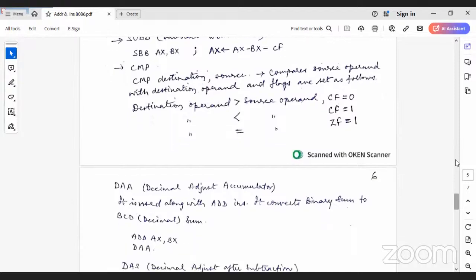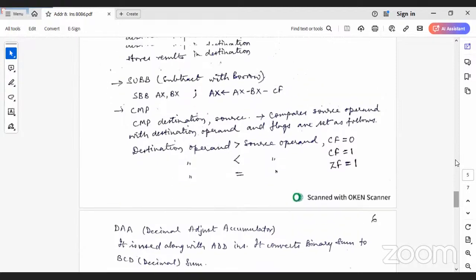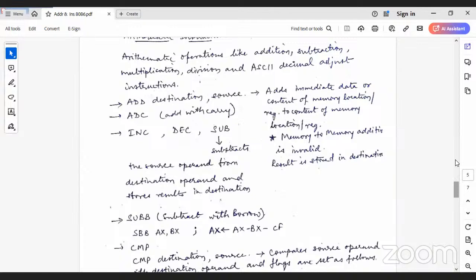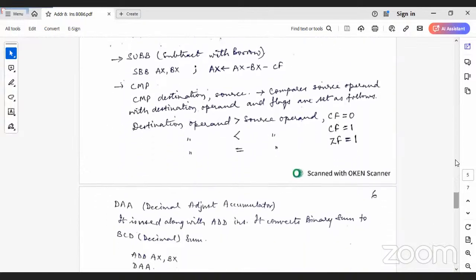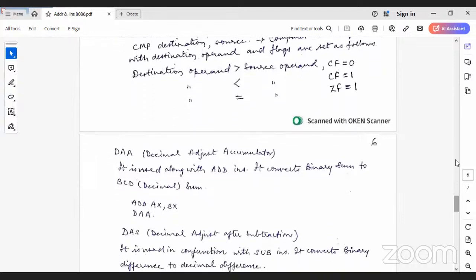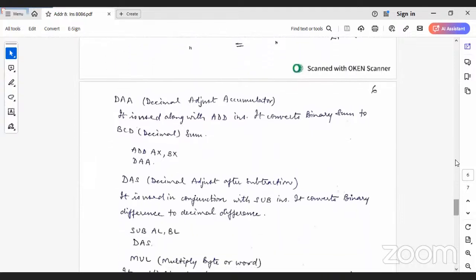Then I told you ASCII conversion also takes place. The decimal adjust instruction is also within your arithmetic instructions. So this means decimal adjust accumulator. This is also there in 8085. And if you remember, you have to use this decimal adjust accumulator, or DAA, instruction only after the add instruction.